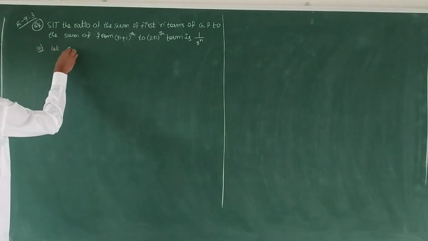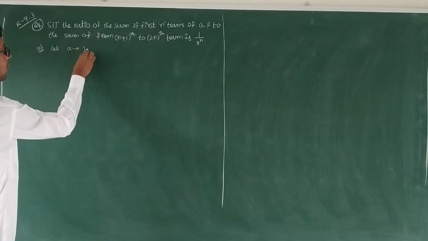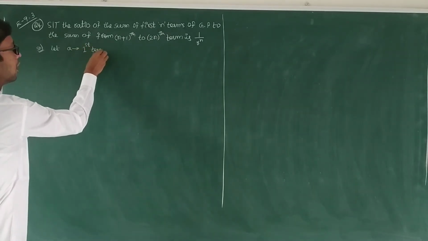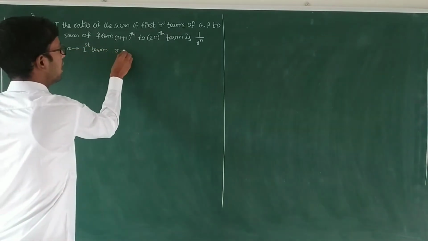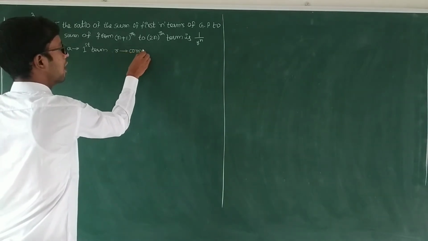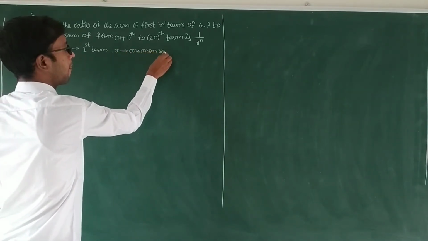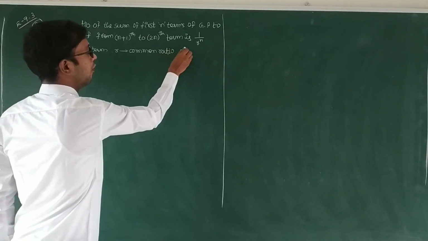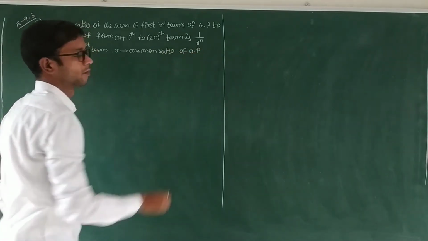Let a be the first term and r be the common ratio of the geometric progression.